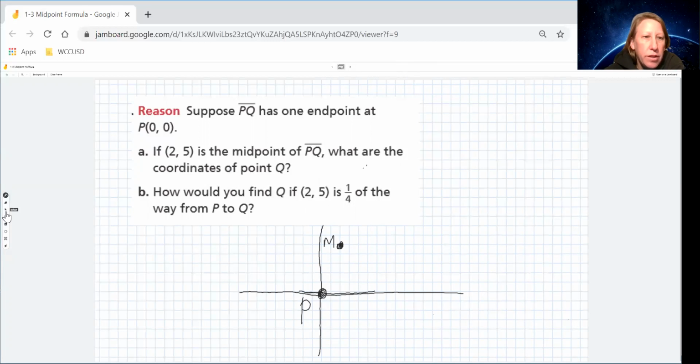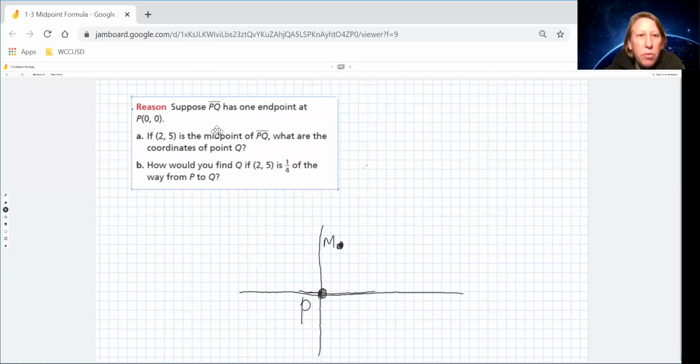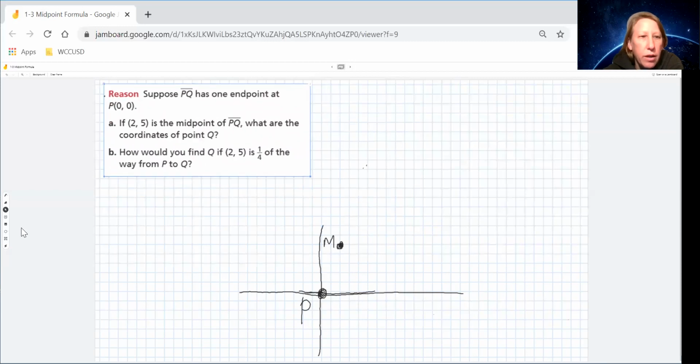All right, so for this one, we have the midpoint, but we need to find the other endpoint. The best way to think about this is how much did we move to get from P up to M? A really good way to think of this is slope. We had to go up 1, 2, 3, 4, 5 and right 1, 2.